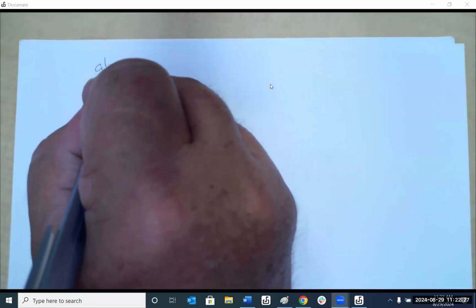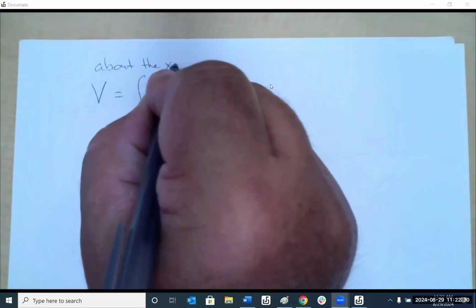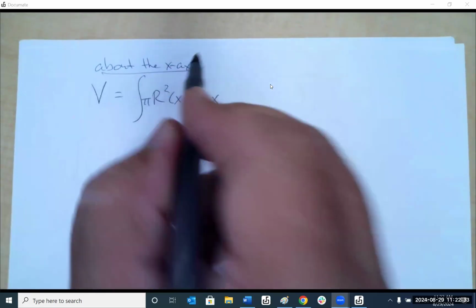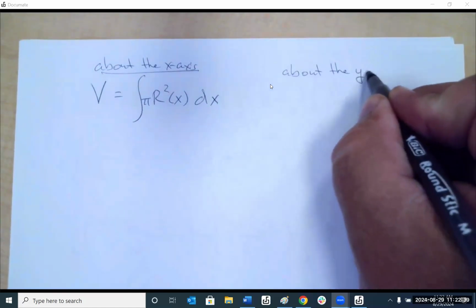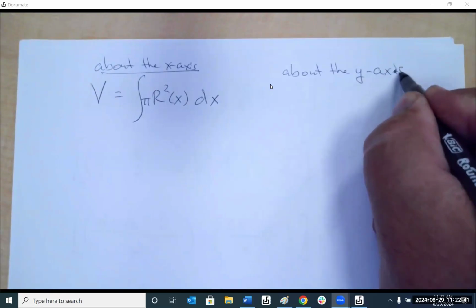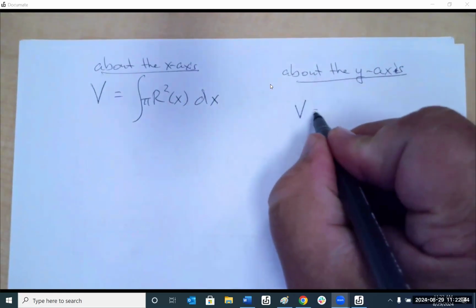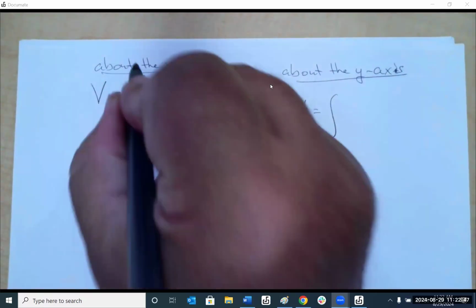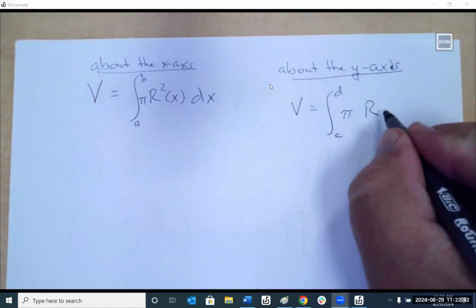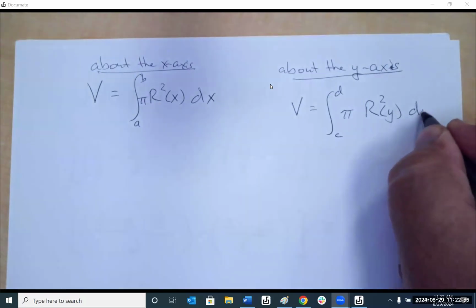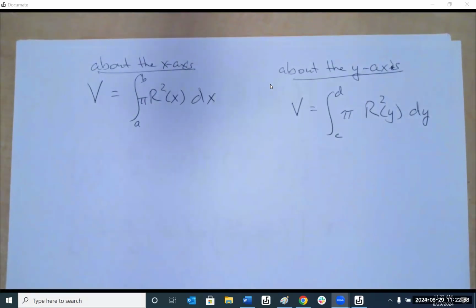This is about the x-axis. If we do it about the y-axis or any vertical axis, then we have to change the bounds, and well, we talked about this in calculus 1 as well, about changing the bounds of rotation.